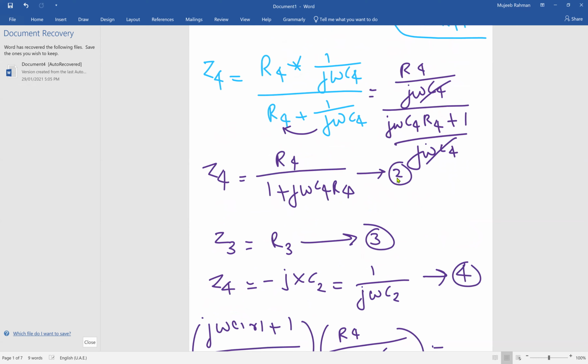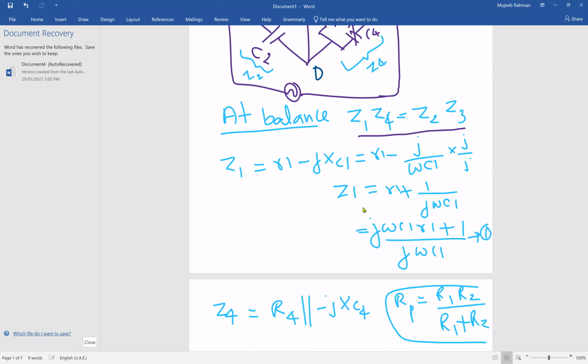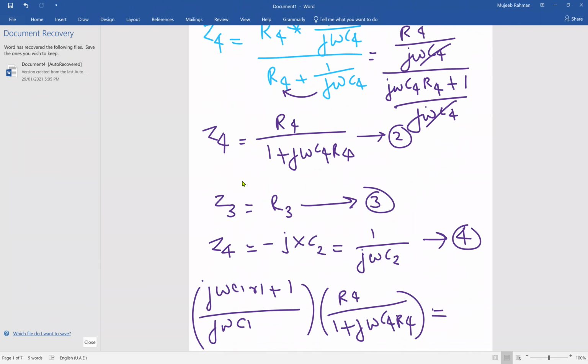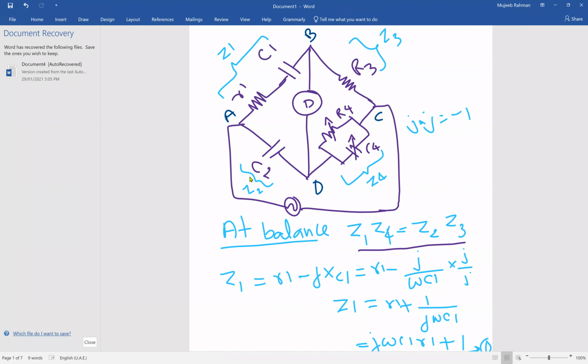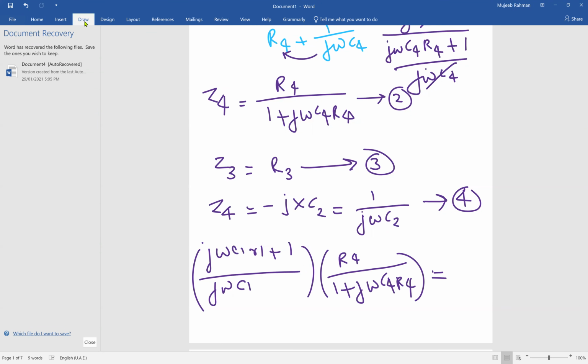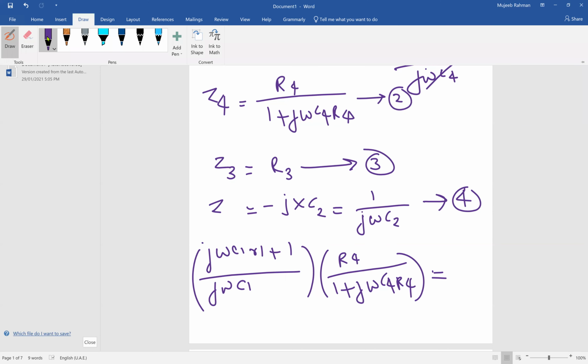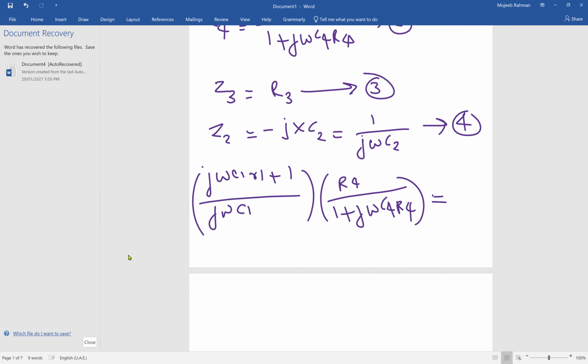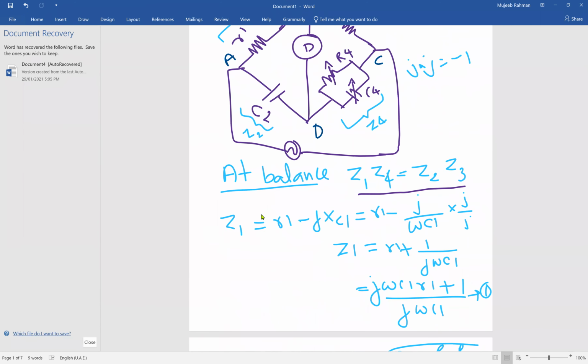That is equal to Z2 Z3. I think I made a mistake here. This is supposed to be Z2. So if we calculate Z2 Z3, which is R3 divided by j omega C2.